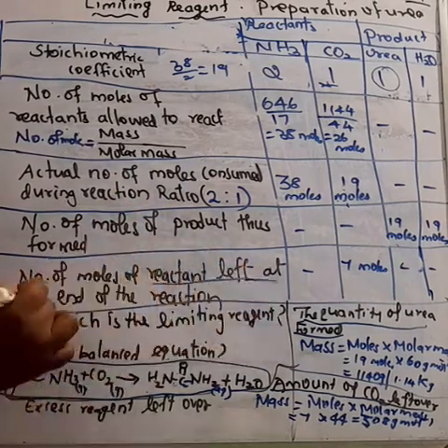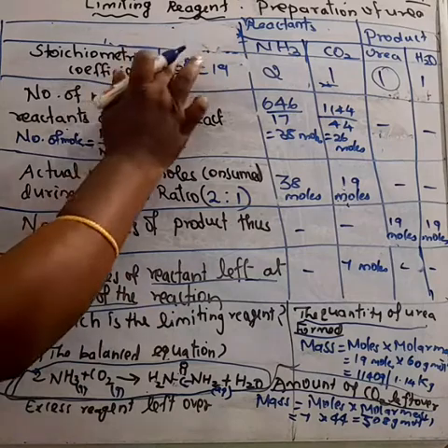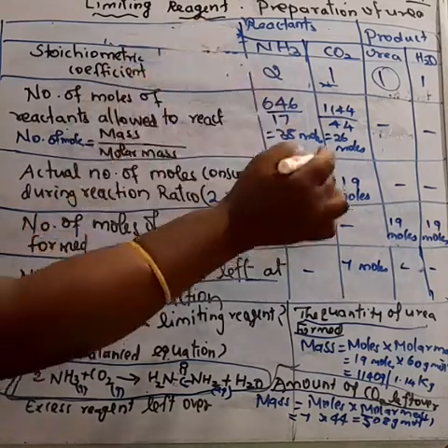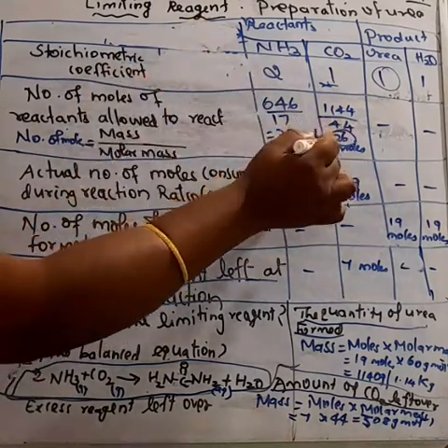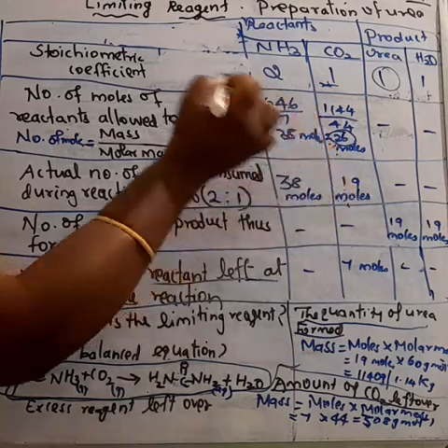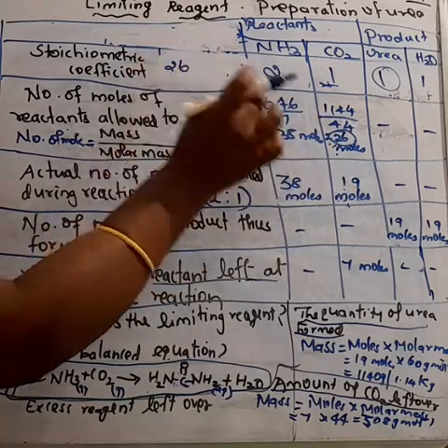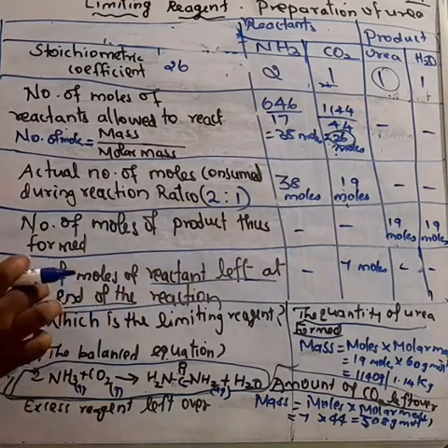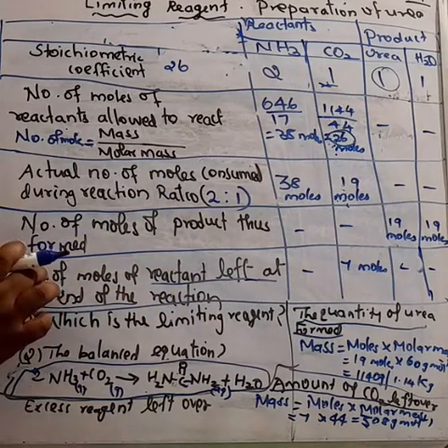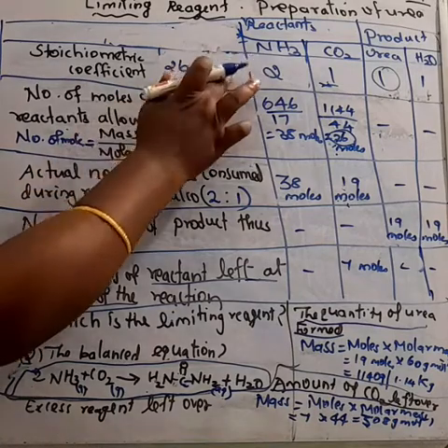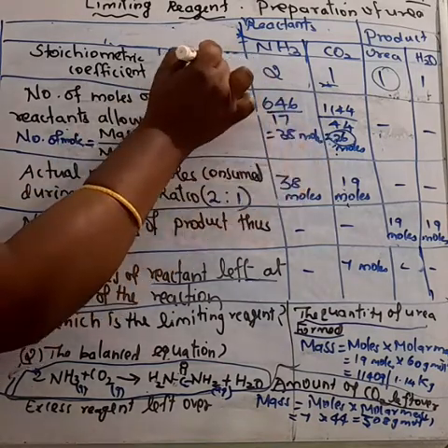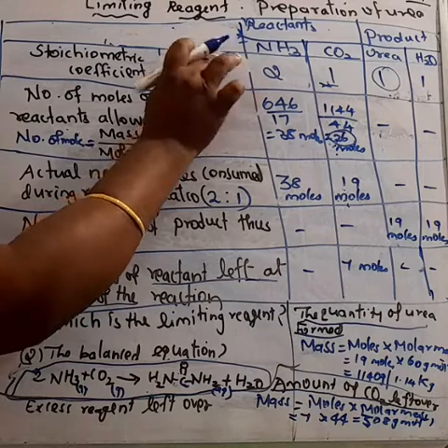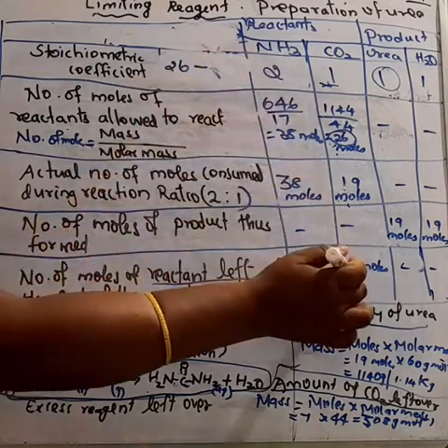How much carbon dioxide is left over? Here, 7 moles.